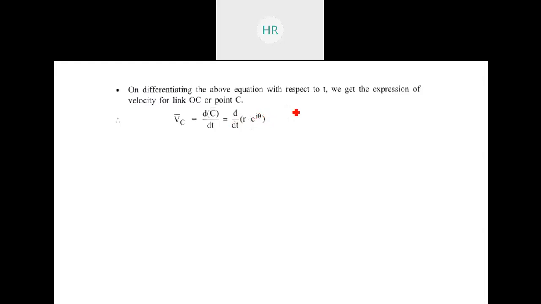So differentiation of e raised to I theta will be e raised to I theta. Then differentiation of this term, I into d theta by dt. Clear? I is constant. Okay, so differentiation of this I theta is d theta by dt.